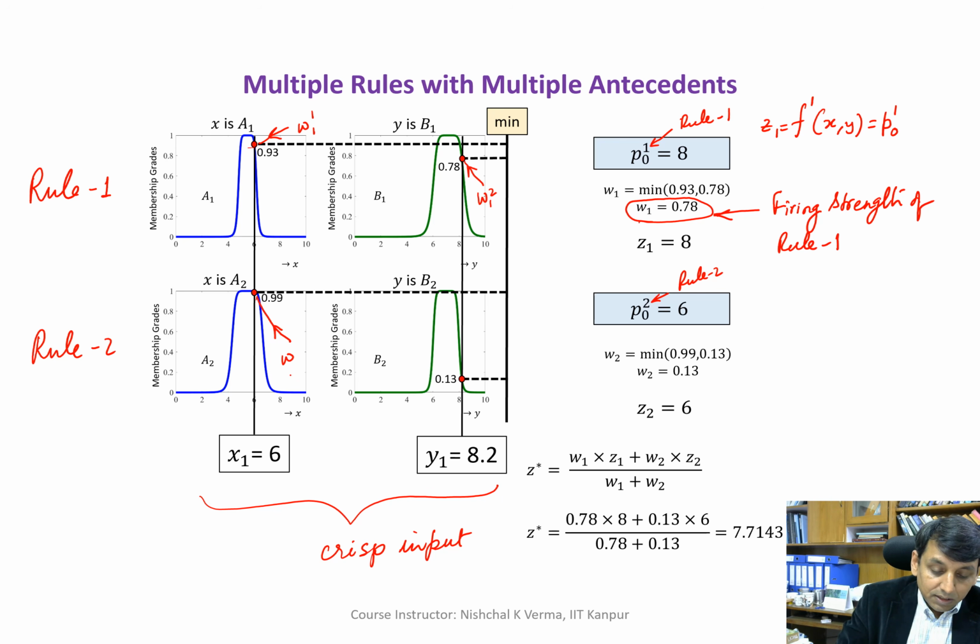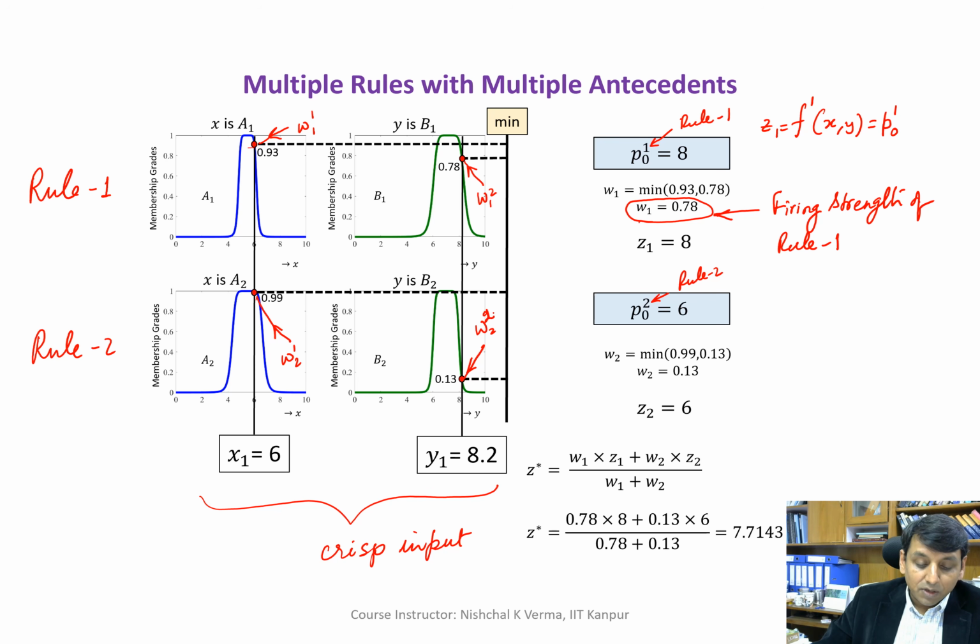Similarly, on the same lines, when we use rule number 2, we find the intersection point, let's say W21 for the second rule, first antecedent, and similarly for y1 equal to 8.2 we write W22, meaning second rule, second antecedent.